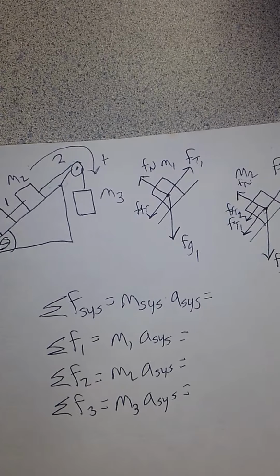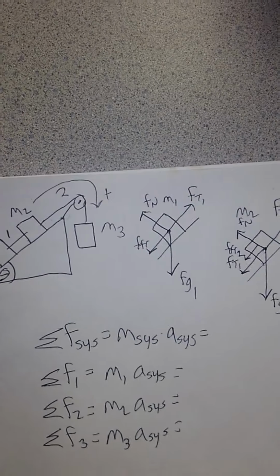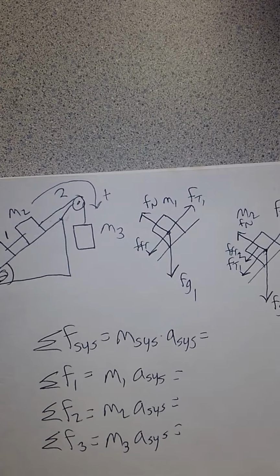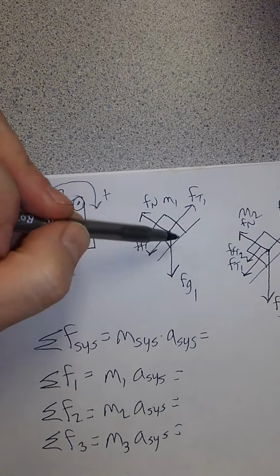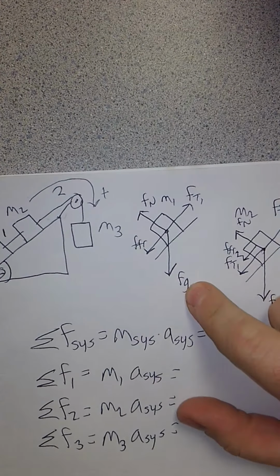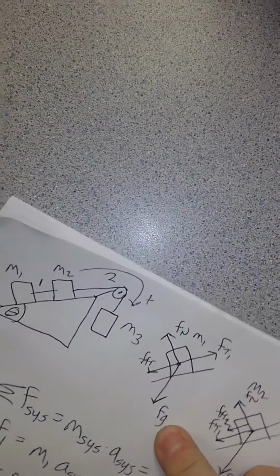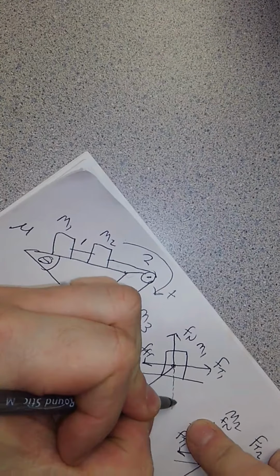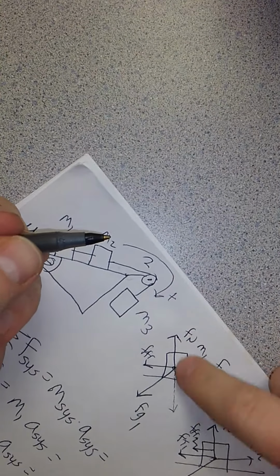Okay. Now, mass 1. All right. In class, we talked about how there is a missing force that needs to be considered that is not on the diagram. And what it is, it's the component force of Fg. Okay, so bear with me for a second. I'm going to take this diagram and kind of turn it sideways so we can actually look at it like this. Okay, now we know that that force and that force are kind of similar.